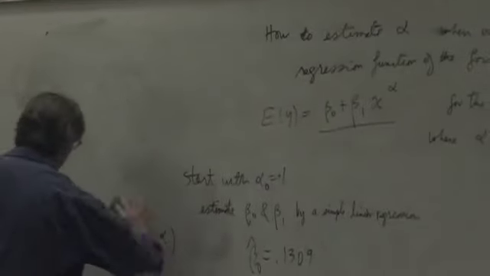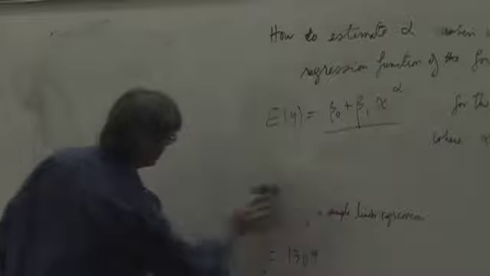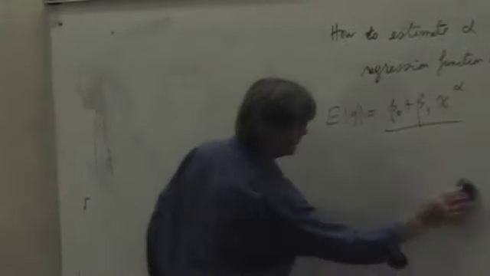What we want to do next is consider a slightly different approach, to the case of non-constant variance. Here we did have constant variance. We just had the wrong regression function.